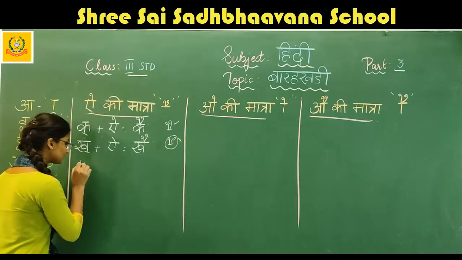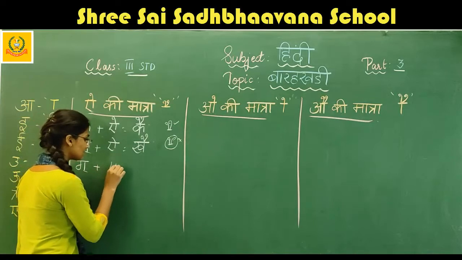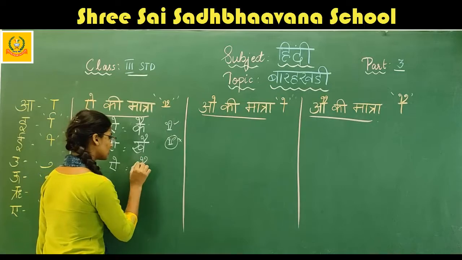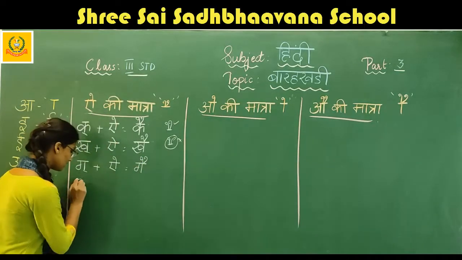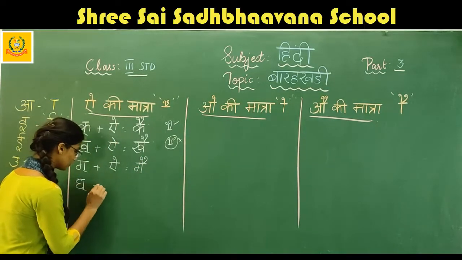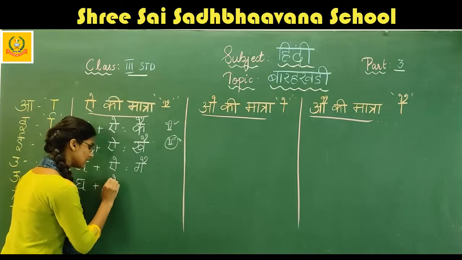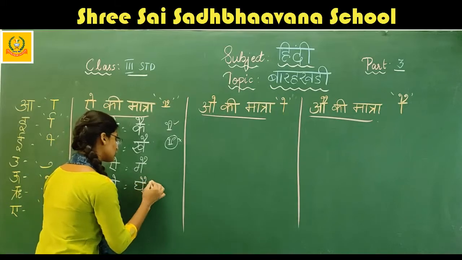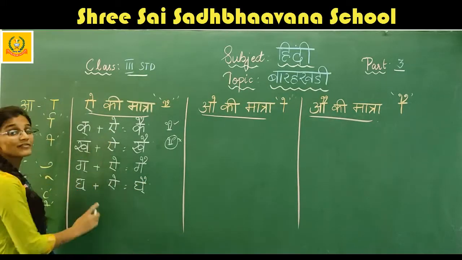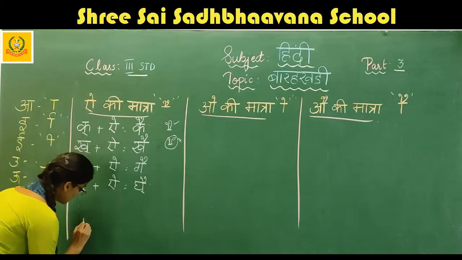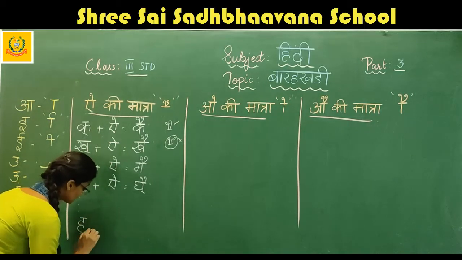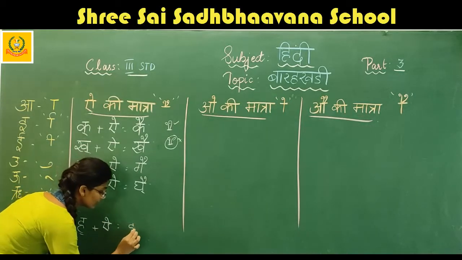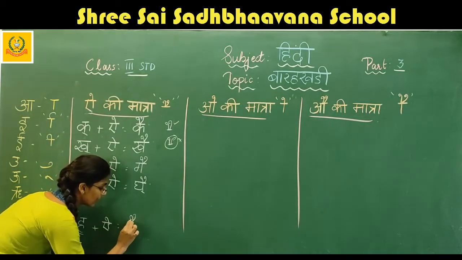G plus I is equal to Ghai. Children, like this you have to write, you can write till H. H plus I is equal to Hi.